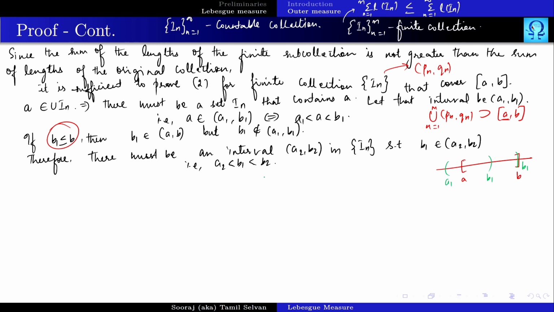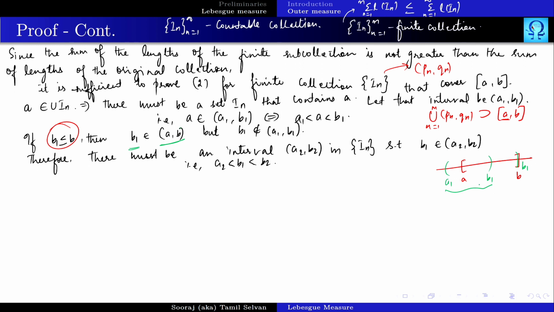So if b1 is smaller than or equal to b, then your b1 must be inside it. If it is smaller, then it is fine. If it is equal, we will have to close here. It has to be inside. But b1 cannot be inside this open interval (a1, b1).